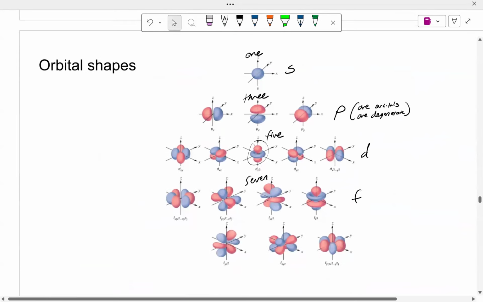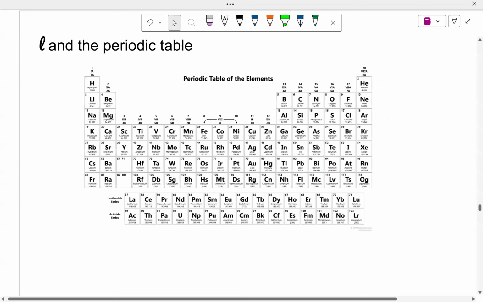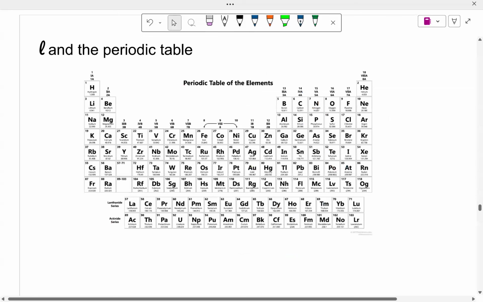Now, just like I did with the principal quantum number and how we were able to easily find that using a periodic table, we're going to do the same thing here. So how does this angular quantum number look on a periodic table?